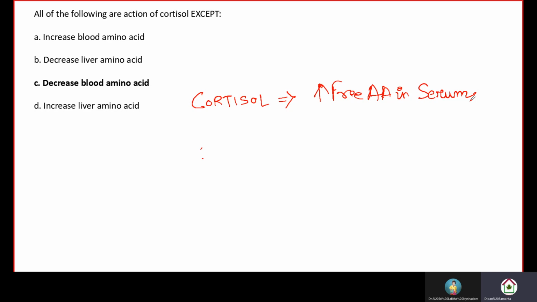It does this by inhibiting collagen formation, decreasing amino acid uptake by muscle, and inhibiting protein synthesis. So how does it increase the amino acid? What are the mechanisms? Number one is inhibiting collagen formation.